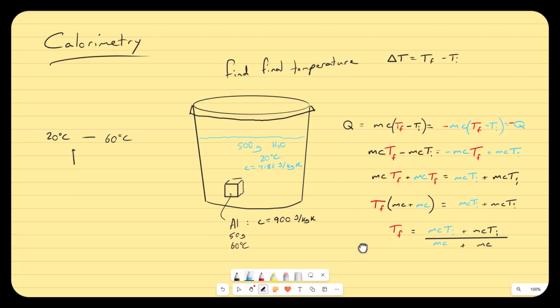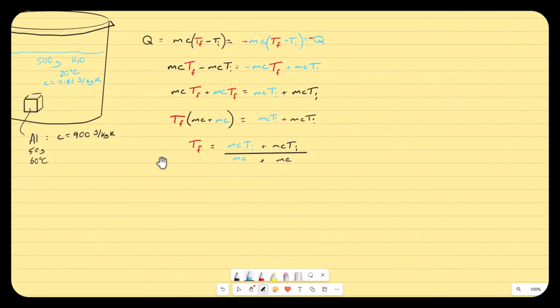And now I'll move this and plug in some numbers. So I get the mass of water, 500 grams, times the heat capacity for water, times the initial temperature for the water. These temperatures can actually be in Kelvin or Celsius, it doesn't matter.